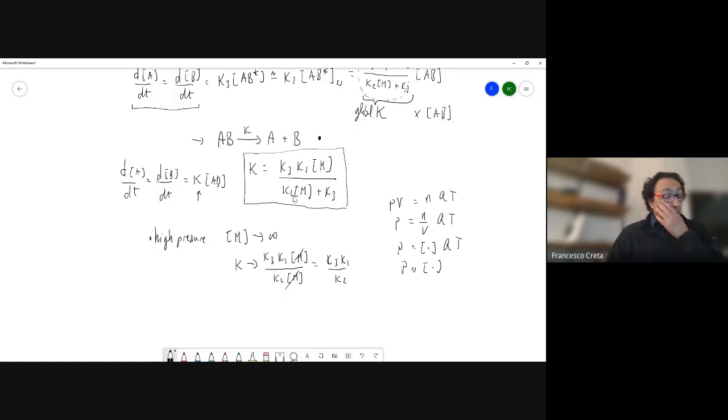Okay, the global reaction, what we've learned for high pressure, okay, again, this is at high pressure. So the global reaction works in this particular case of a high pressure where K is now a constant. Of course, we're thinking in terms of a constant temperature, okay?